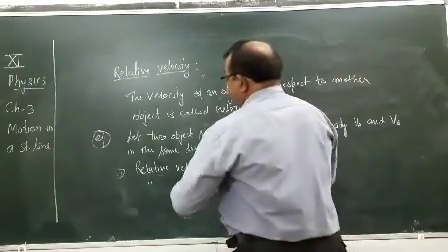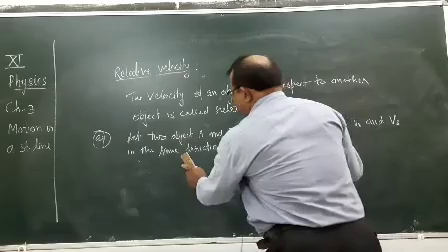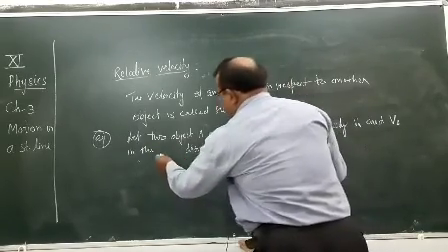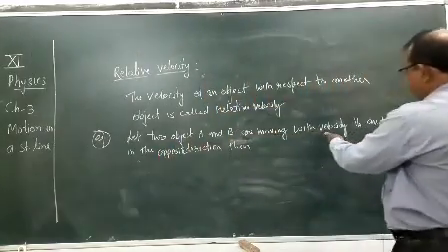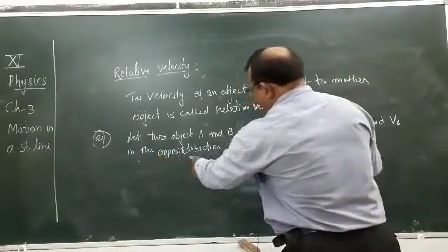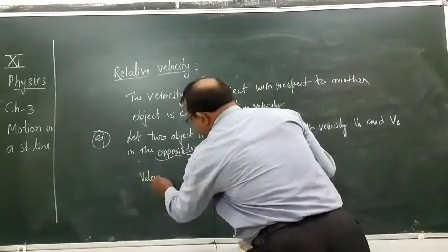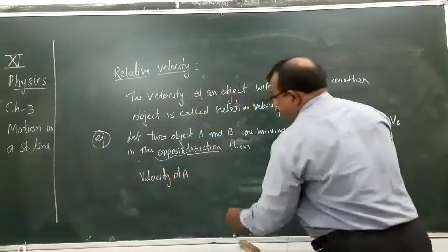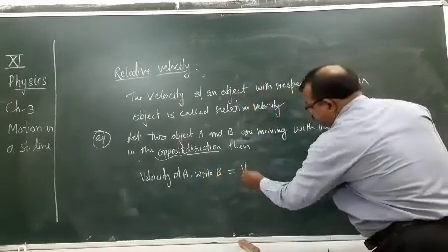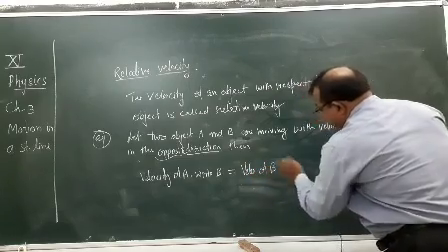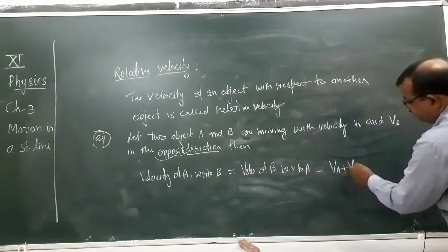Two objects A and B are moving with velocities VA and VB in opposite directions. Then the velocity of A with respect to B equals the velocity of B with respect to A, which is equal to VA plus VB.